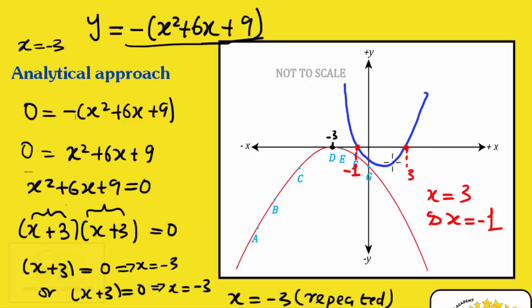So many words here, but all we're saying is read off an x-coordinate at a point of intersection. If there are 2 points of intersection, read off the 2 x-coordinates, and those are your roots.